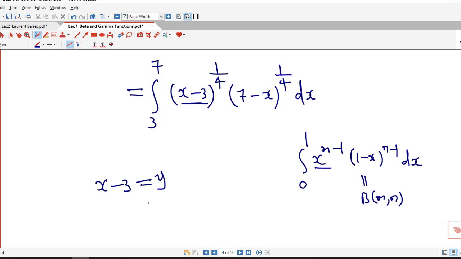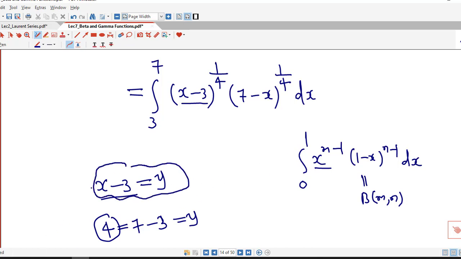When x is 3, y will be 0. But when x is 7, we will have y equal to 4. But we require the upper limit of the new variable as 1. So we have to consider some change in this substitution.